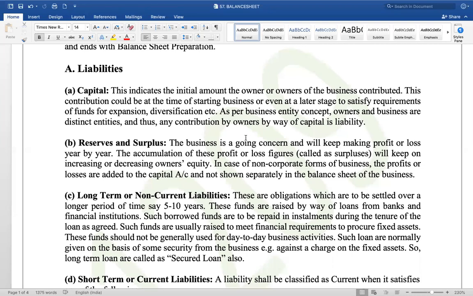Some time back, I was teaching students from another country, and for them I had to teach the reverse. I had to take the assets on the left side and the liabilities on the right side. There is no rule that liabilities should be left and assets should be right. It depends on the culture and the country and their accounting policies and standards.